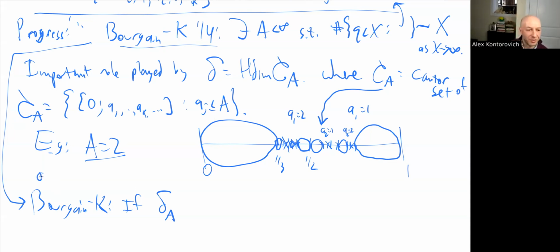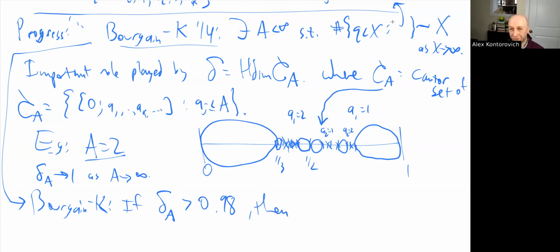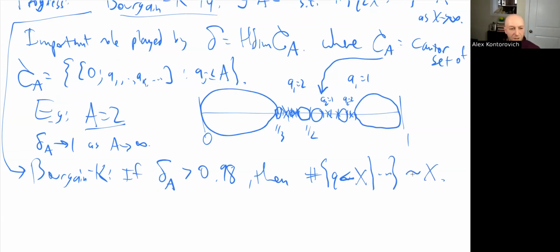And it's known that delta_A goes to 1 as A goes to infinity. In fact, we have rates. Let me not write down the rate. But what we show is that if this Hausdorff dimension exceeds some number sufficiently close to 1, which in our case was 0.98, then we have the conclusion. Then the number of Q less than X for which the Diophantine property holds is asymptotic to X.